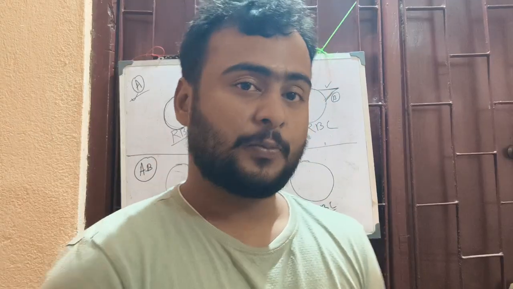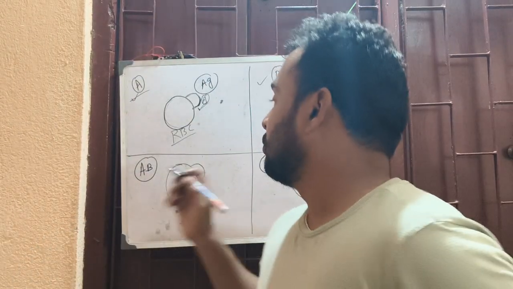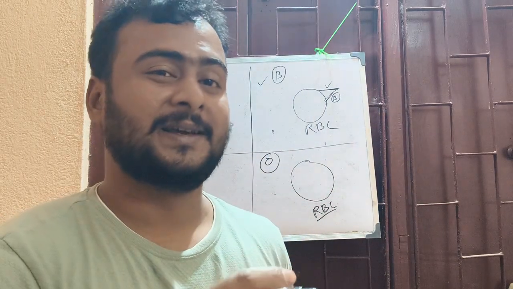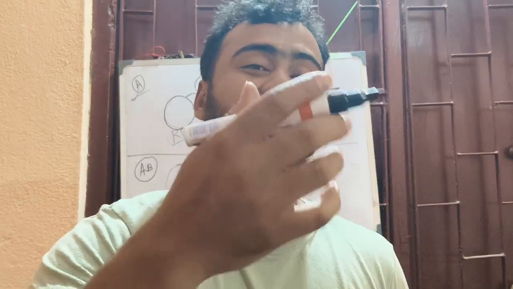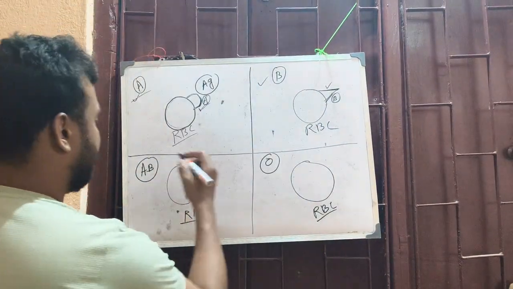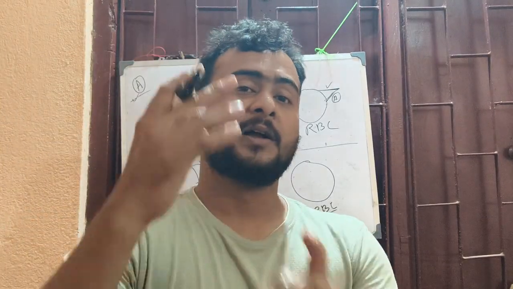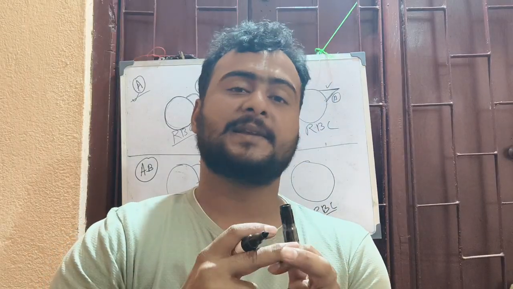If you are an AB blood group, and someone asks which antigens you possess in your RBC, you can say that in the case of the AB we have two kinds of antigen: the A antigen will be there, and the B antigen will also be there.